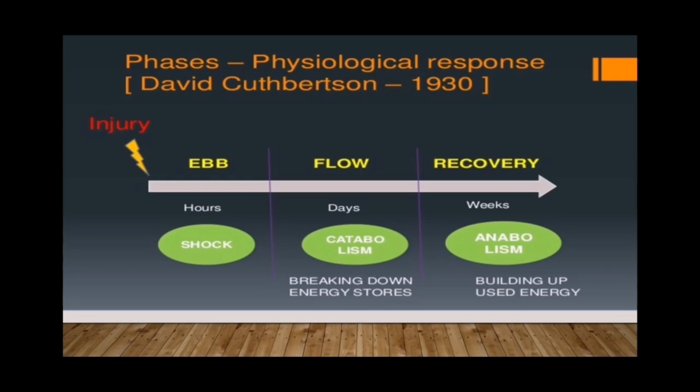breaking down energy stores. In the flow phase, the body is in the phase of wound healing. Wound healing needs energy, so the body is in the phase of catabolism. There is a breakdown of the energy resources like skeletal muscles, fats, and glycogen.